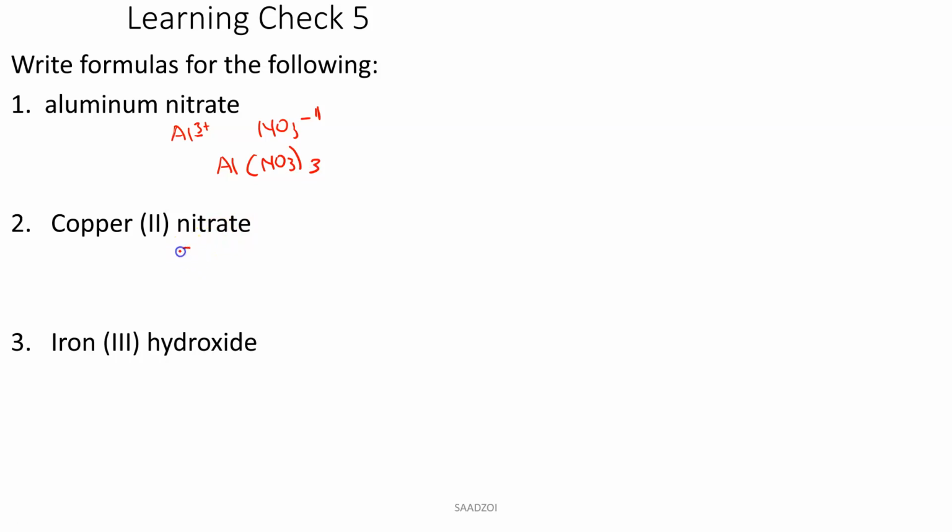Copper 2 nitrate, Cu positive 2, nitrate negative 1, 2 or greater, so we have to put parentheses, and you're done. Iron 3 hydroxide, Fe 3 plus, OH negative 1, 2 or greater. Crisscross means you need parentheses.